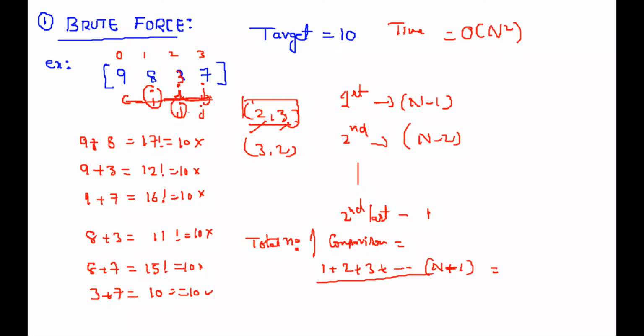This is equal to the sum of natural numbers, n times n minus 1 by 2. This is equal to order of n square. So the time complexity is very large if we apply the brute force method. This is not a good practice, using high complexity solutions. So we will try another solution.